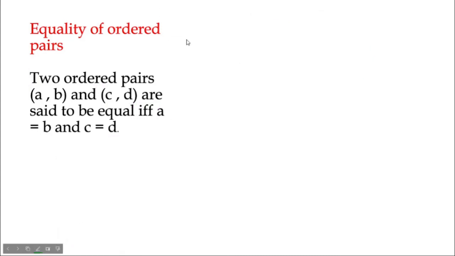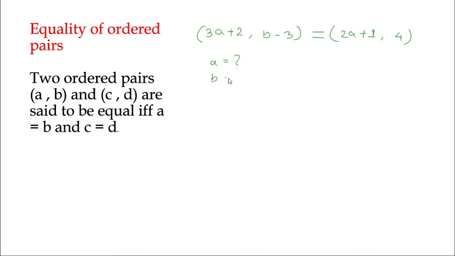So let's say I have an ordered pair whose elements are 3a plus 2, b minus 3, and another ordered pair 2a plus 1 and 4. I am also given that both ordered pairs are the same. So how can I find out the values of a and b?